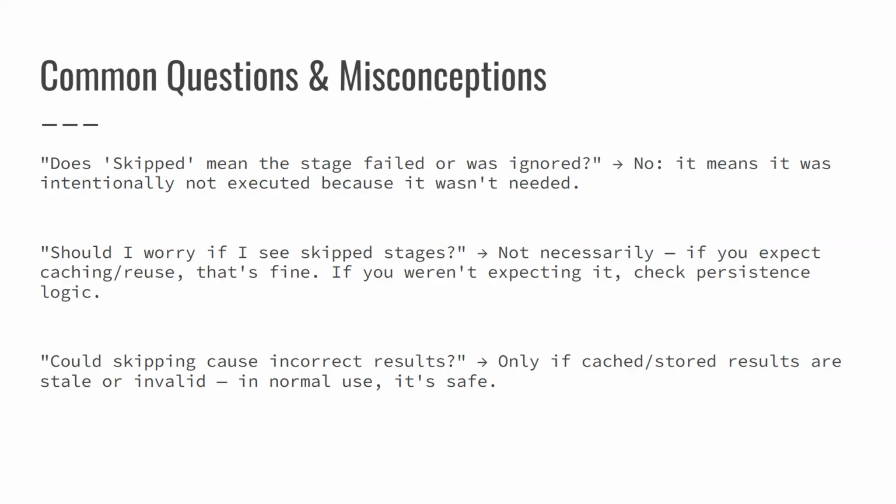If you expect cache reuse, that's fine. If you aren't expecting it, check the persistence logic. Could skipping cause incorrect results? Only if cached or stored results are stale or invalid. In normal use, it's safe.